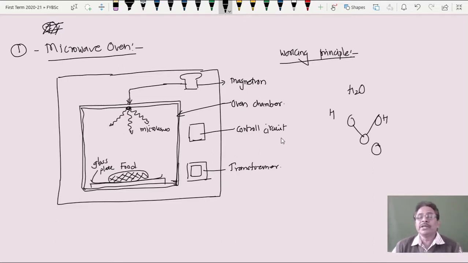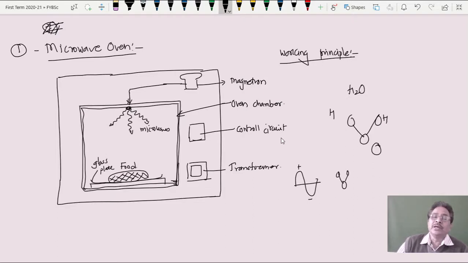Now microwave radiations are electromagnetic radiations, electric and magnetic field. It changes its polarity from positive to negative, and thereby this particular molecule changes. So whenever this microwave comes in, this molecule undergoes changes like this.